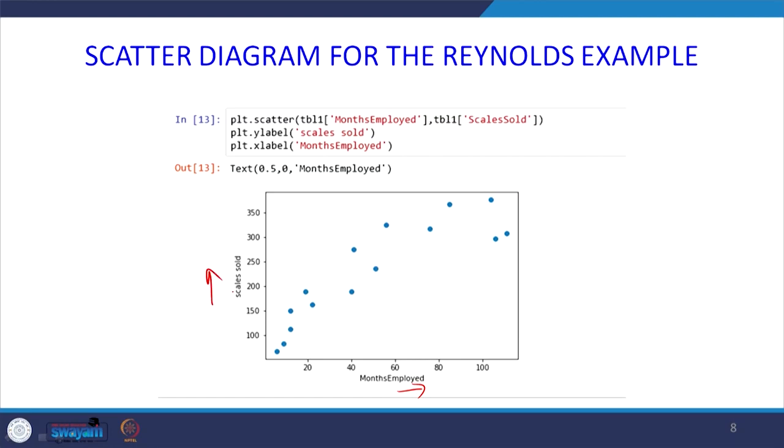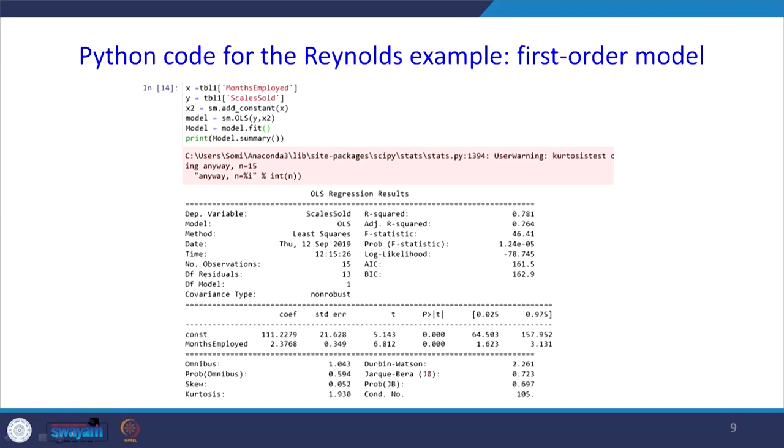When I plot it, there seems to be a positive trend. What is the meaning of positive trend? When the number of months employed is increasing, the sales are also increasing. It says that a person who is experienced as a salesperson can sell more products when compared to an inexperienced person. So, this was the code for running a regression.